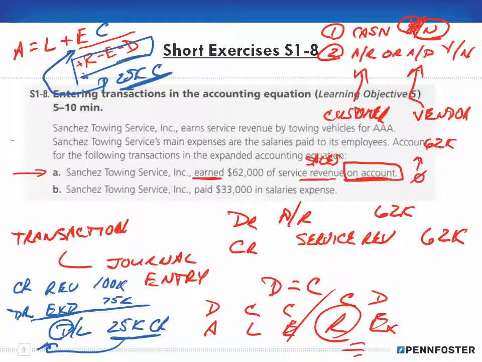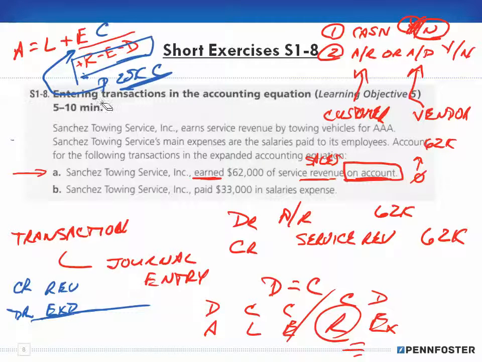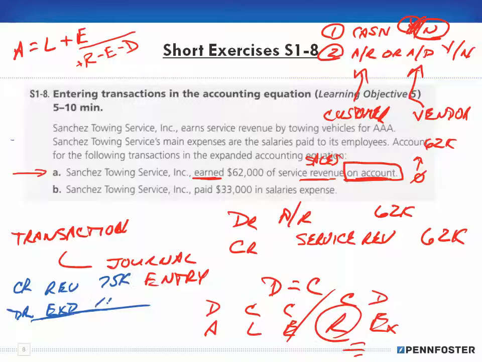And it's just the opposite for a loss. If my revenues were 75,000 and my expenses were 100,000, now I have a loss of 25,000. Why? Because my expenses were greater than my revenues. And of course that's a debit.